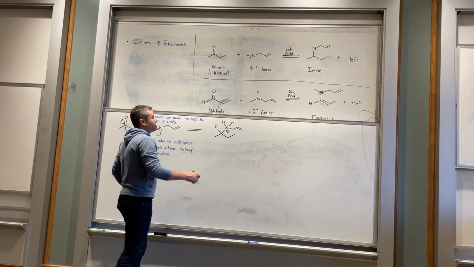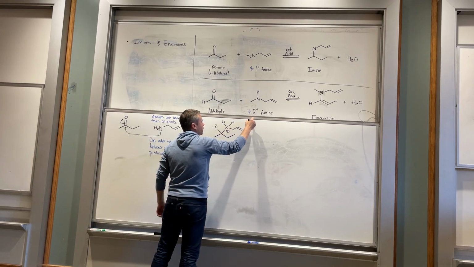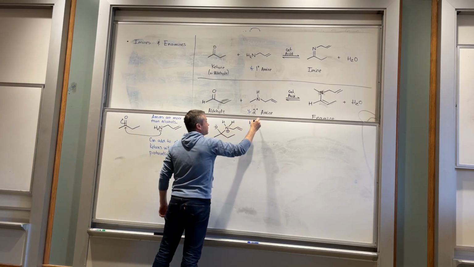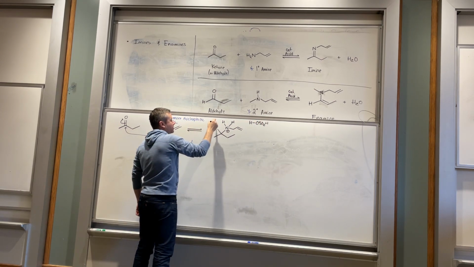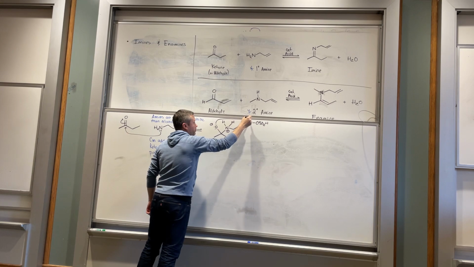Once we make our first intermediate though, if we have acid hanging around, say in the form of sulfuric acid, then that negatively charged oxygen that we just generated will get protonated.